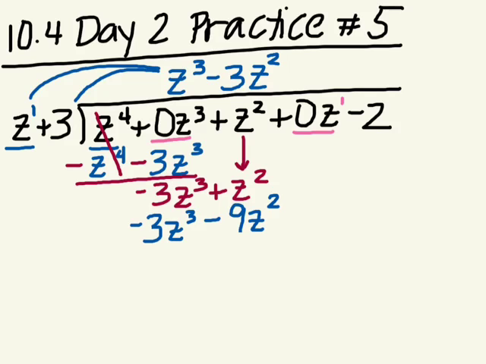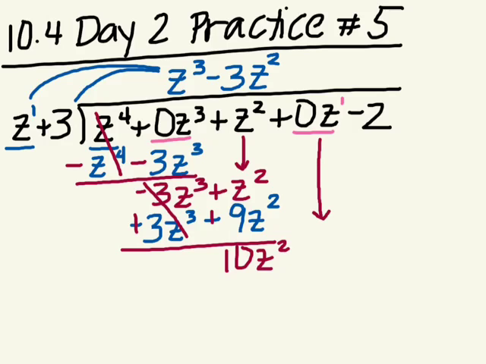Again, draw your line, switch your signs, and add. So my first terms cancel here. I end up with 10z squared. And I need to bring down this 0z.